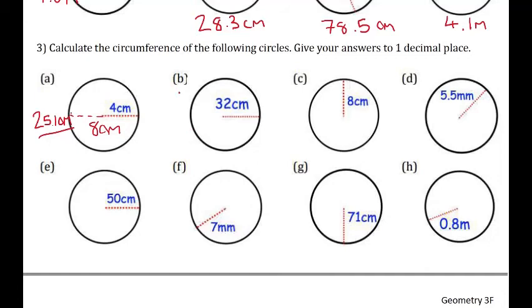If we double 32, we get 64. So 64 times pi is 201.1. If we double 8, we get 16. So 16 pi is 50.3.